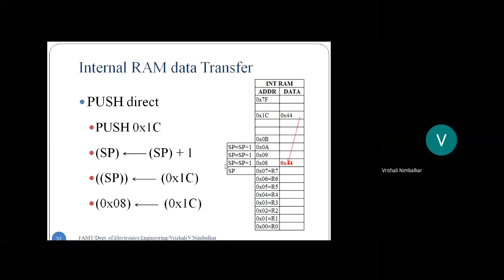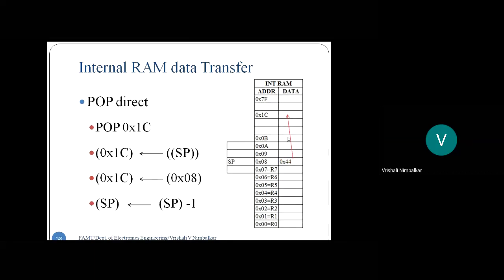Whenever the microcontroller is dealing with interrupts, executing call instructions, or executing return instructions. It's only then that stack memory is used. For storing data on the stack, push, and for reading data from the stack, pop.